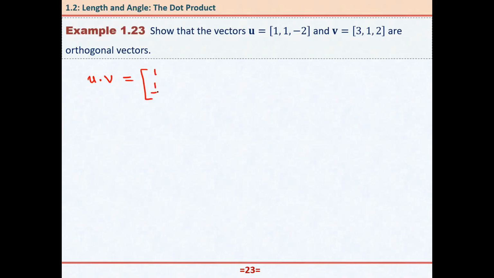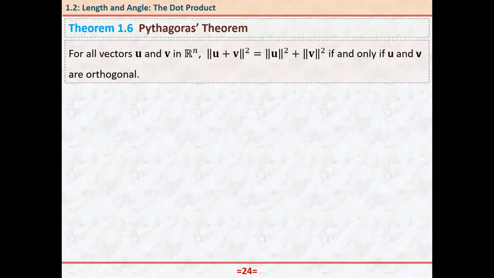It is (1, 1, -2) times (3, 1, 2), which is equal to 1 times 3, that is 3, plus 1 times 1, that is 1, plus -2 times 2, that is -4, which is equal to 0. Since the dot product is equal to 0, these vectors are orthogonal by the definition. Okay, very simple example here.